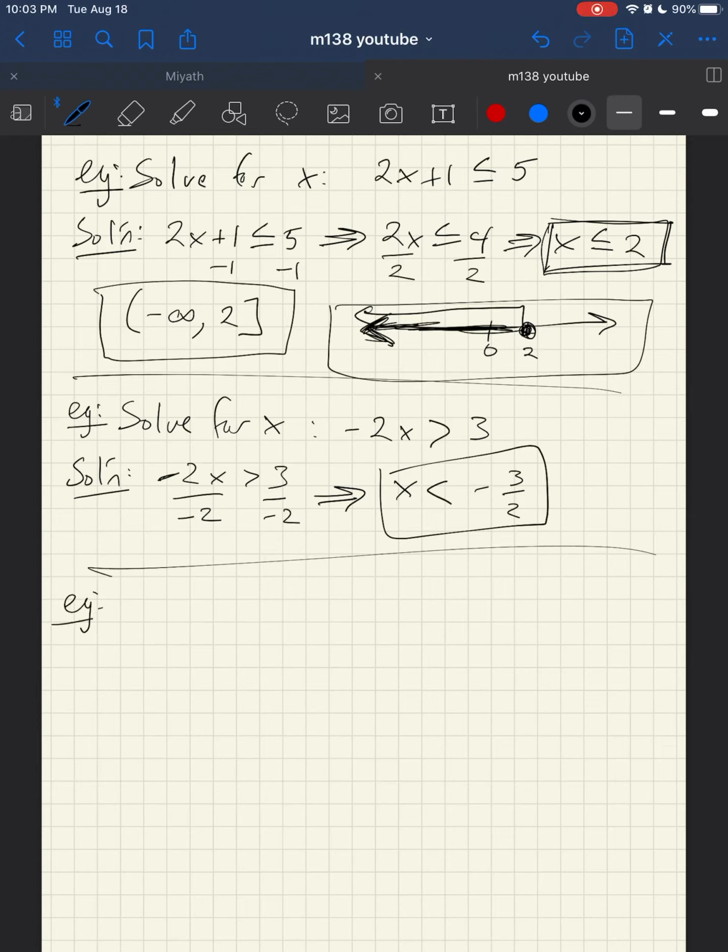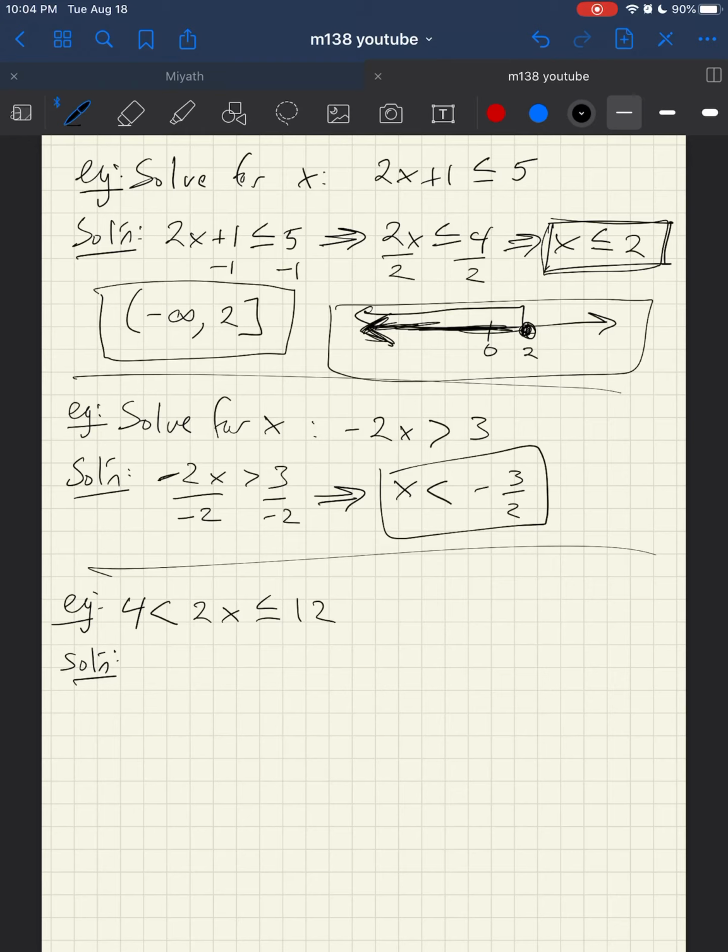Now, the last thing I want to do is look at multiple inequalities together. Sometimes I have something like, let's say, 4 is strictly less than 2x, which is less than or equal to 12.